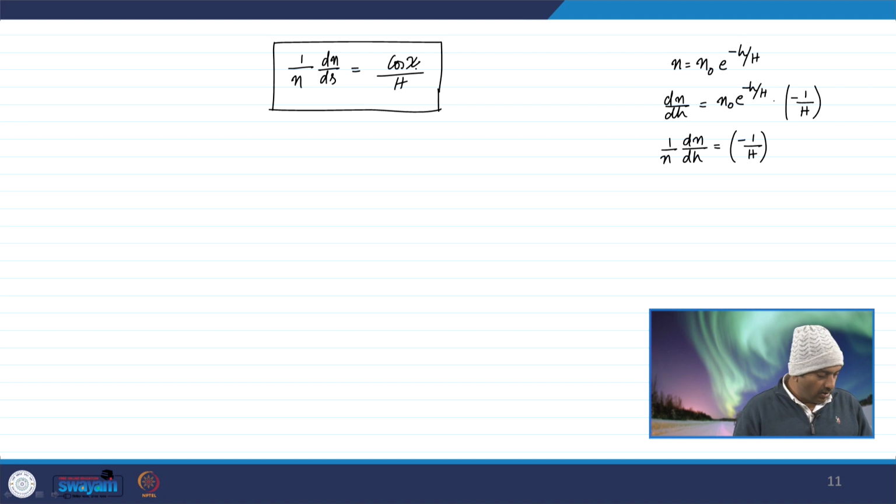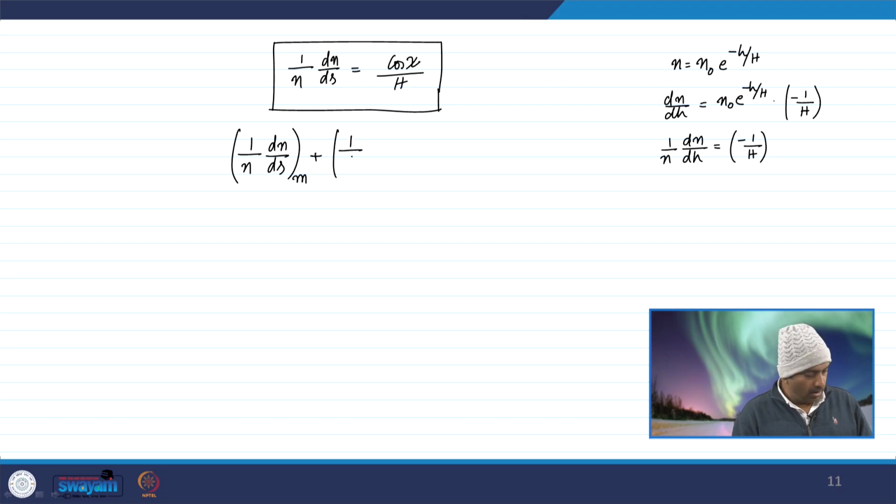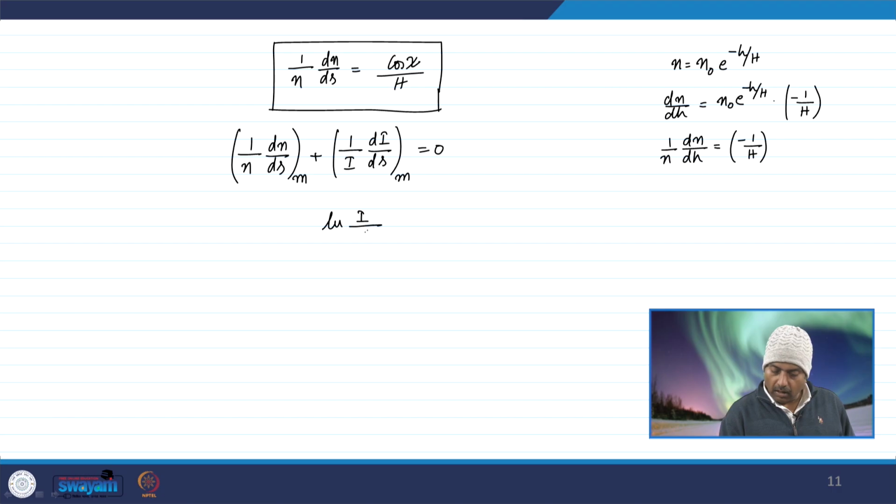This is one relation that we have defined, and we have this expression which is 1 by n dn by ds at maximum plus 1 by I di by ds at max is equal to 0. And in the last lecture itself we have defined ln of I by I infinity is equal to minus sigma n of chi.